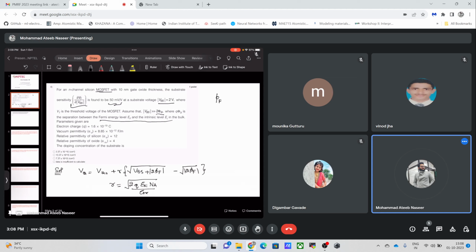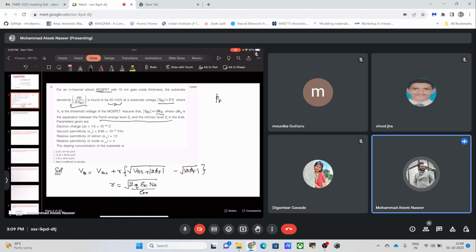Okay, no problem. So I was saying that this gamma is in multiplication with this factor, which has the VBS under the square root. Just for the sake of consistency and understanding of these dimensions, I would like you people to answer this small question for me.